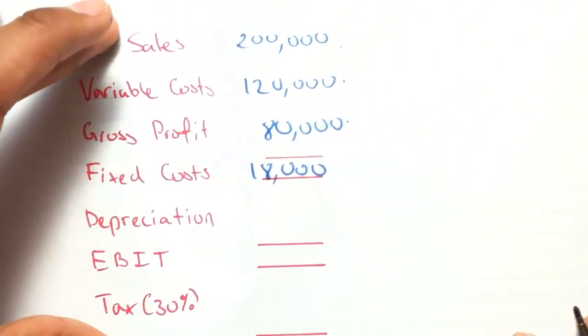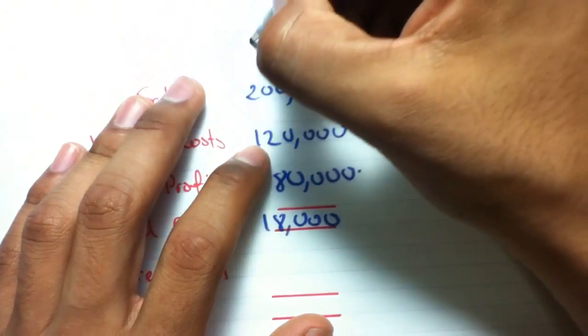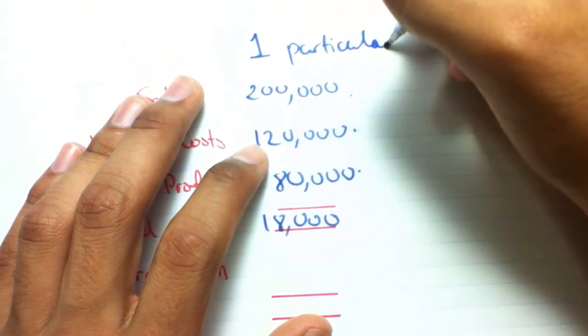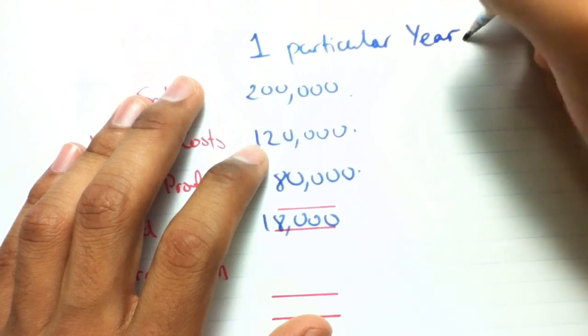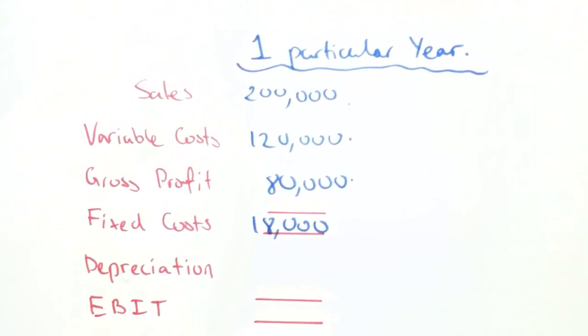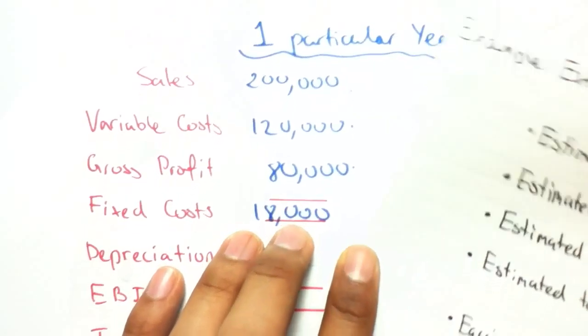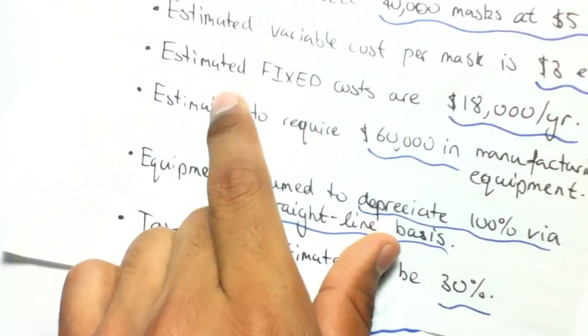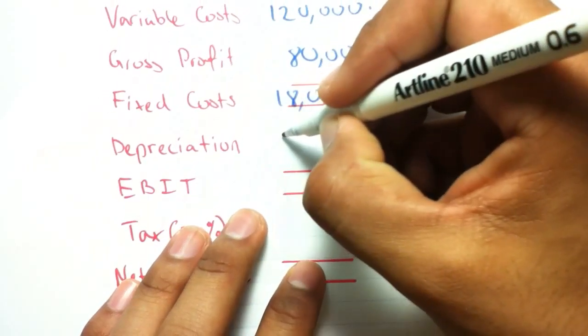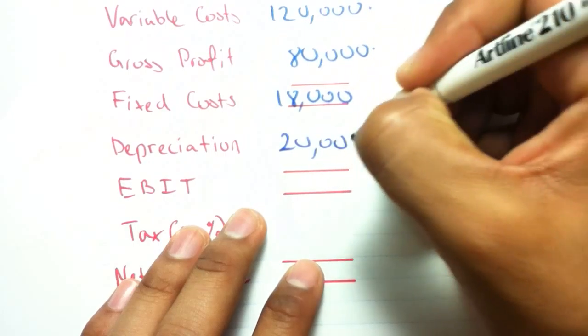Okay. Now, our fixed costs are $18,000. Now this is the figures for 1 year. So this is just for one particular year. If we have to make variations throughout the year, we'll do that, and I'll show you how that's done. So yeah, fixed costs were $18,000 as shown here. Estimated fixed costs are $18,000 per year, and depreciation is going to be $20,000.